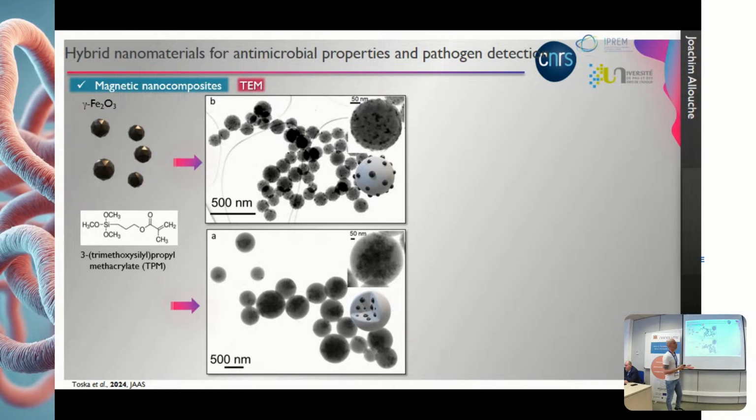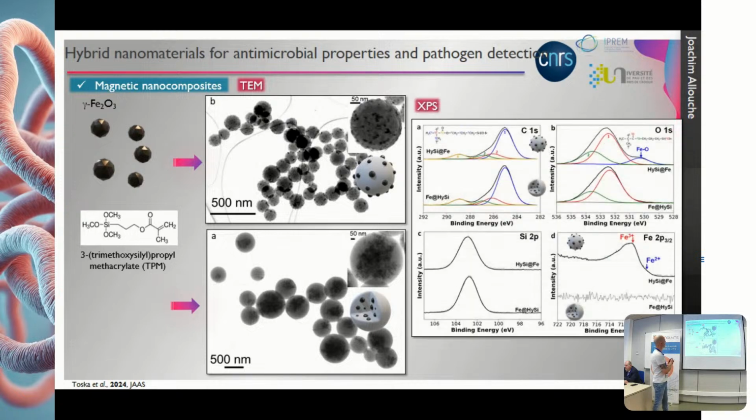Last example, one that we have recently with Antonia during her PhD. It is a side project from the Nanoscale project, and the idea is to synthesize iron oxide particles and mix these iron oxide nanoparticles with this molecule.